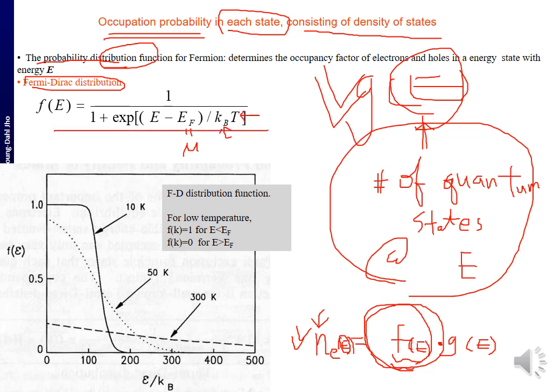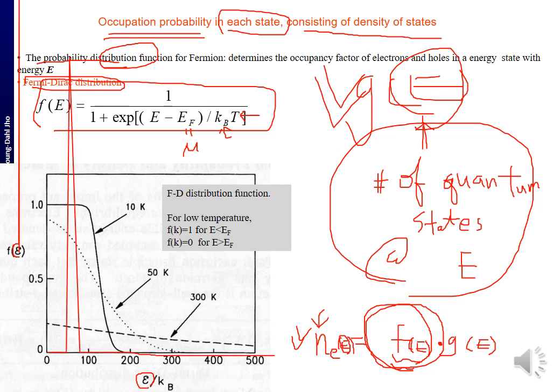Okay, so if we draw this curve as a function of energy, epsilon is energy here. So this x-axis basically represents the energy increment.